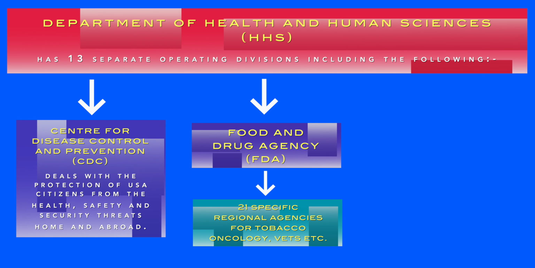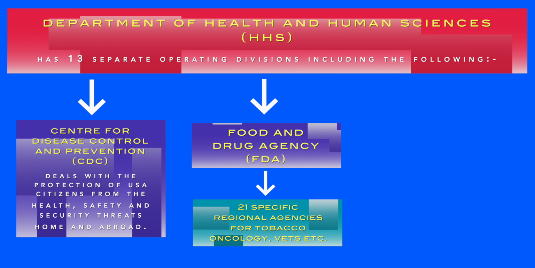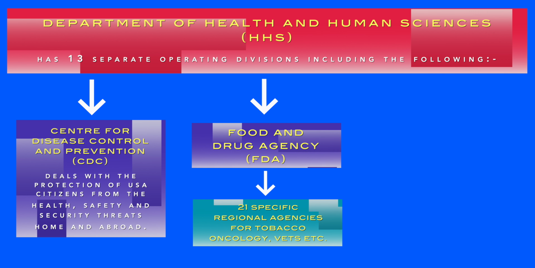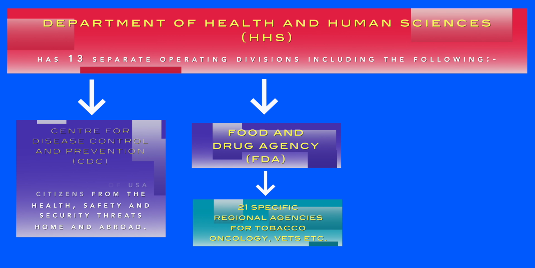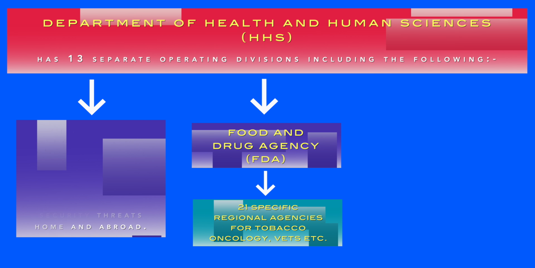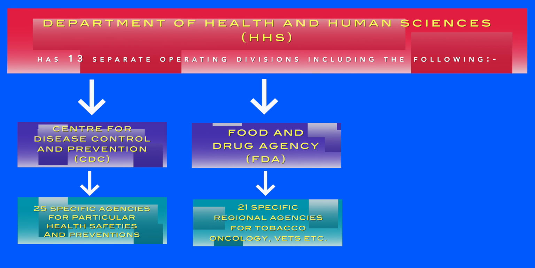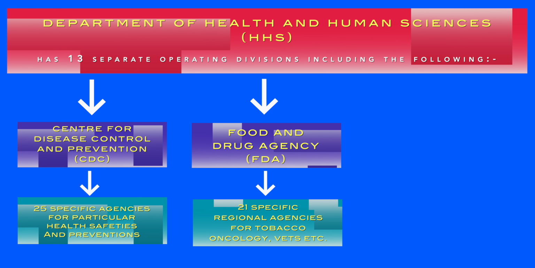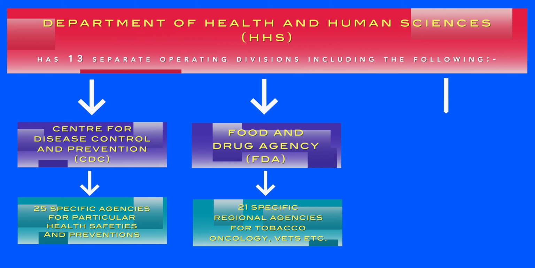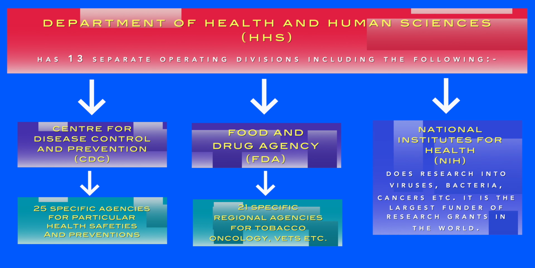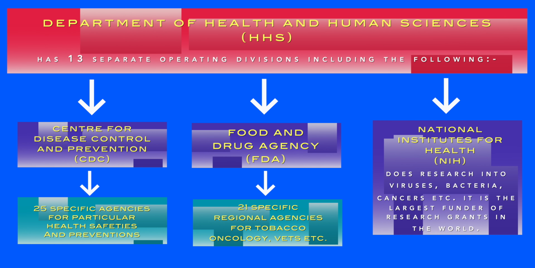The CDC, the Center for Disease Control and Prevention, has 25 agencies in the USA, and the main role of the CDC is to protect the US population from the health and safety threats from home and abroad.